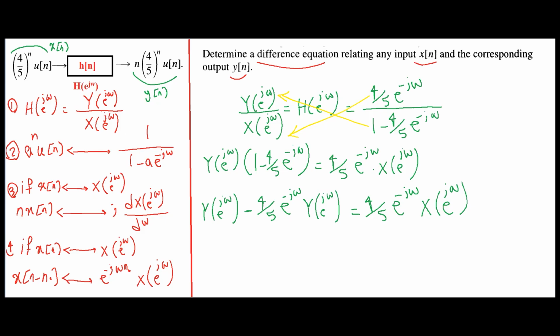Now we take the inverse Fourier transform of both sides. To do this, we use the time shifting property where the shift amount is 1.